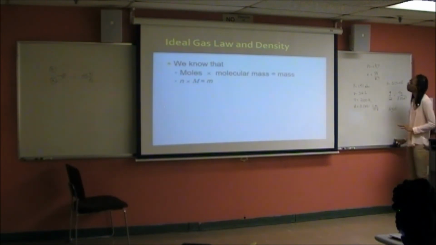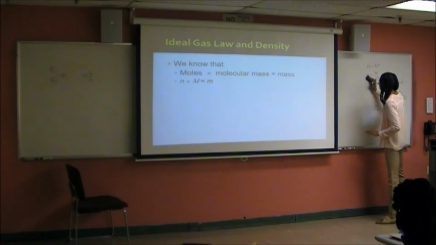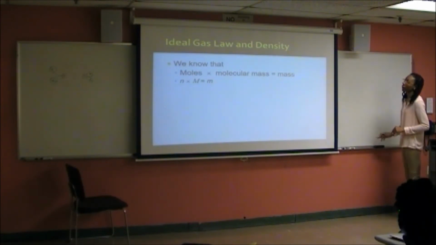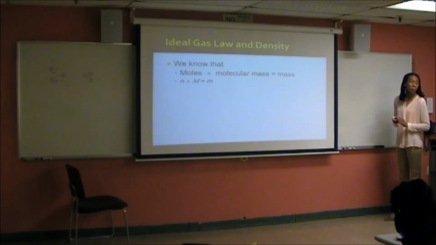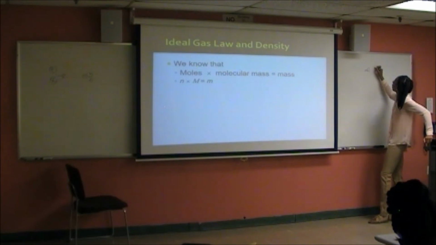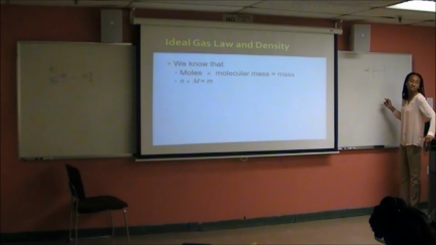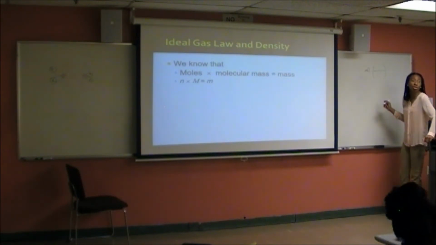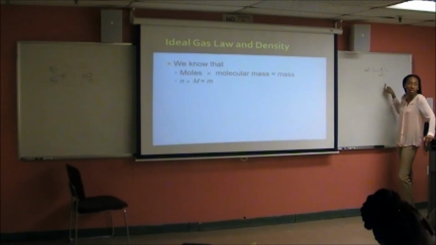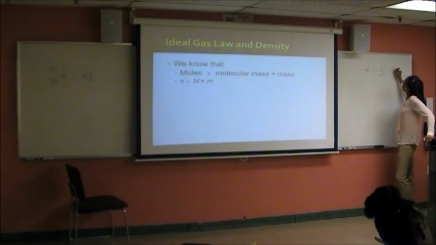In order to find mass, you need your molar mass, okay? So you have moles multiplied by molar mass. What's the units for your molar mass? Gram per mole. So if you have this here, you're going to get mass.